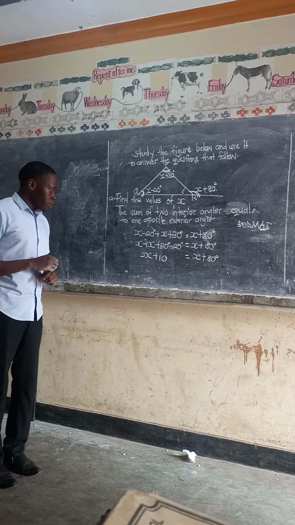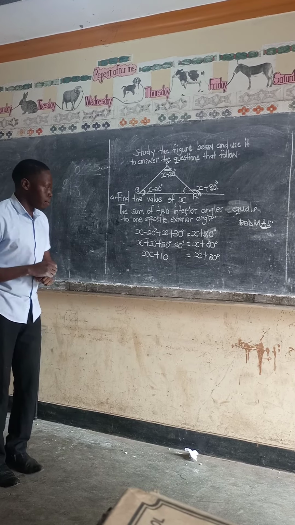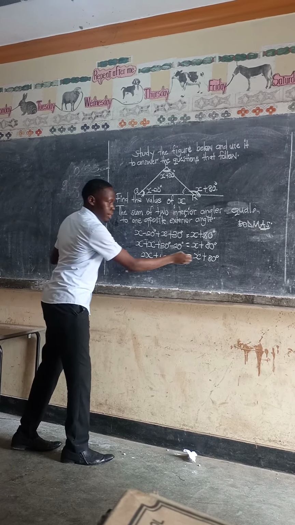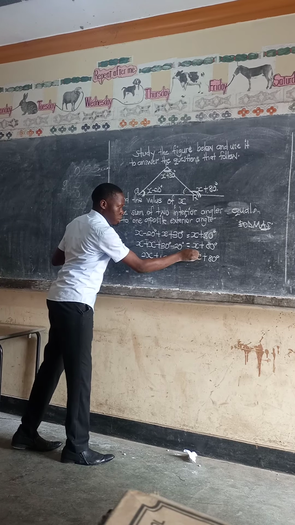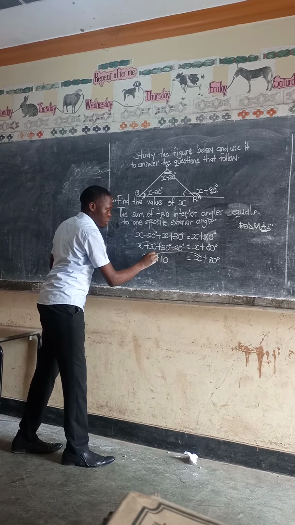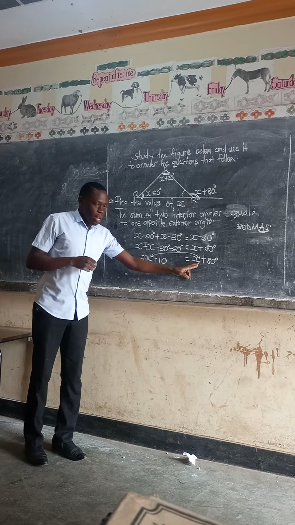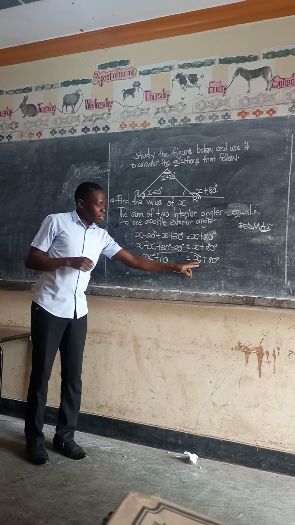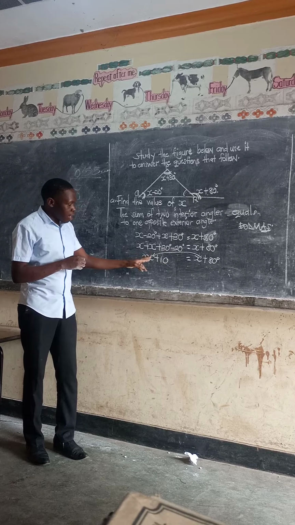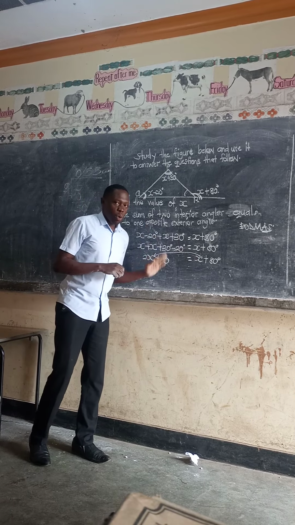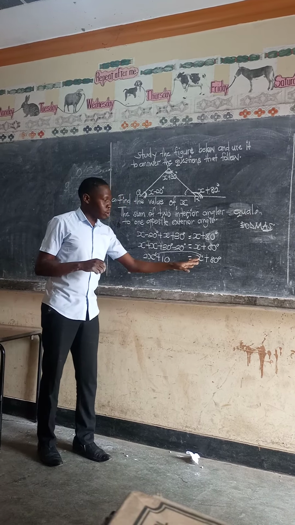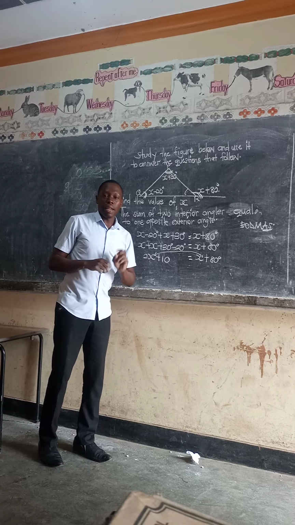Then now at this point, we are now going to collect like terms again. So at this point, this x will move there. When this x is positive on the right hand side, when it crosses the equal sign to come to the left hand side, it will become a negative.